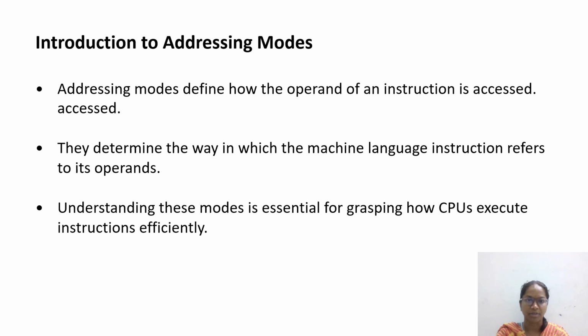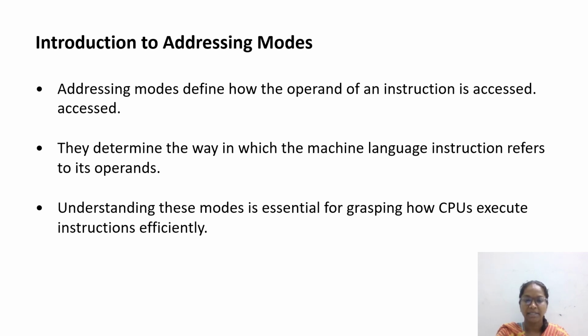Introduction to computer architecture. Addressing modes define how the operand of an instruction is accessed. Mainly, the addressing modes define whether the operand of an instruction is present in memory or not.